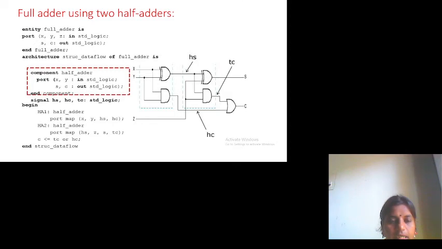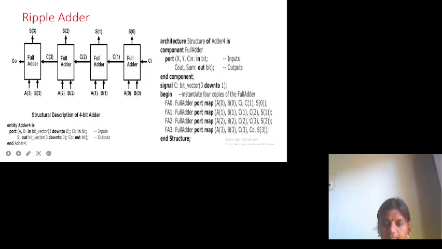TC or HC represents a data flow representation: simply with the assignment operator we do the OR expression between TC and HC, and the final value is given to C.